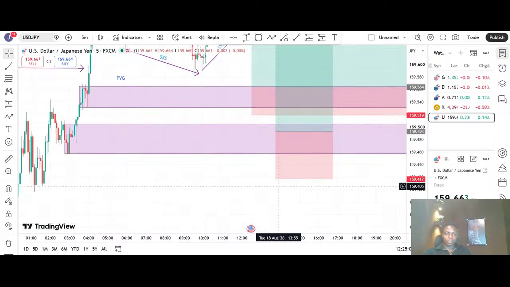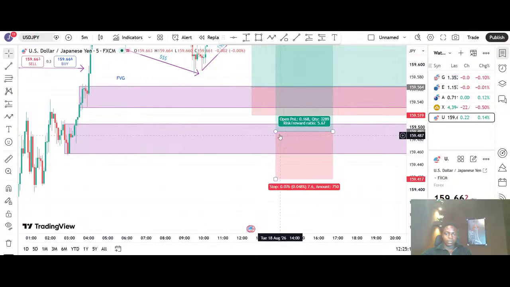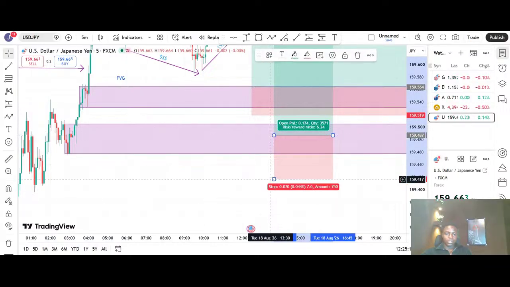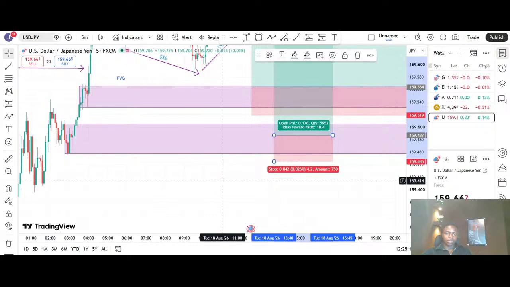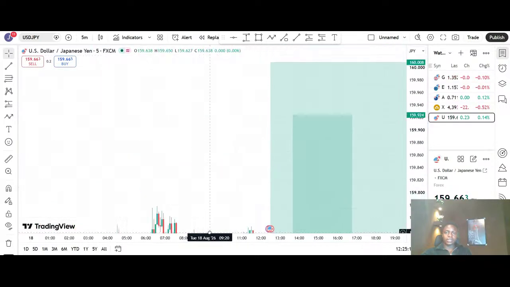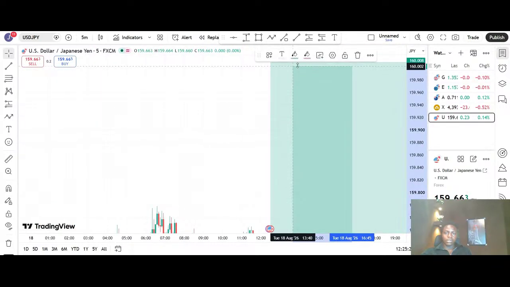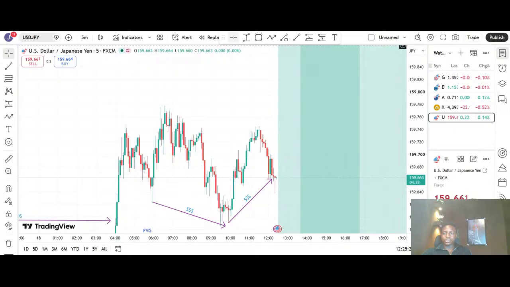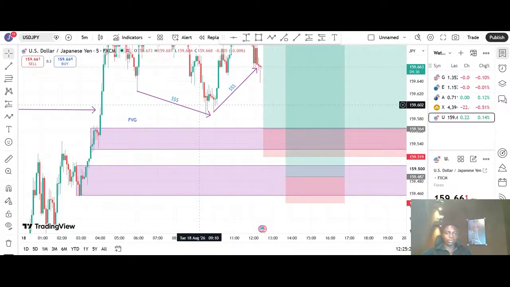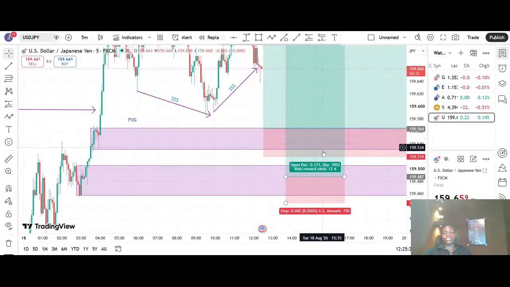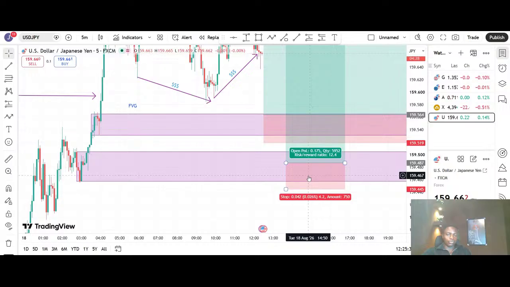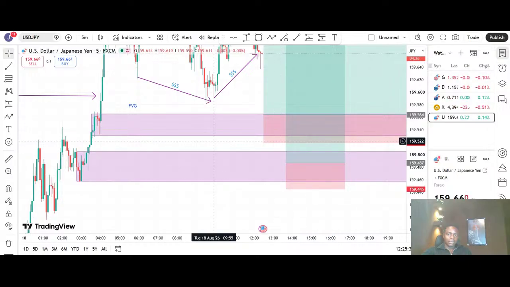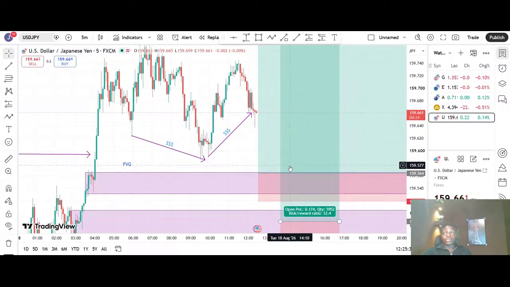We'll look at how to take our trades from the second order block. When the price comes to this place, then we'll look at how to put our stop loss. So guys, these are the two order blocks on USD JPY I'm watching. The second order block is going to give me higher profit because this is like 1:12 plus, almost like 1:13.